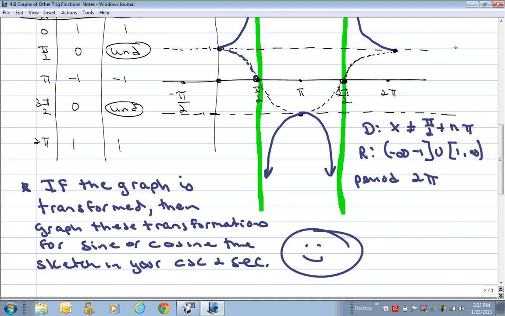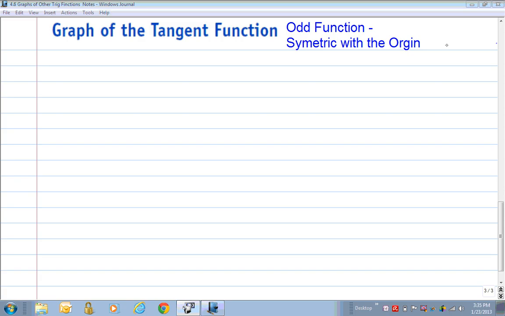That'll be it for tonight, and you'll work on these off your packet tomorrow. All right, we're graphing tangent functions and cotangent. And notice I wrote here they were odd functions. Odd functions, if you remember, have origin symmetry.